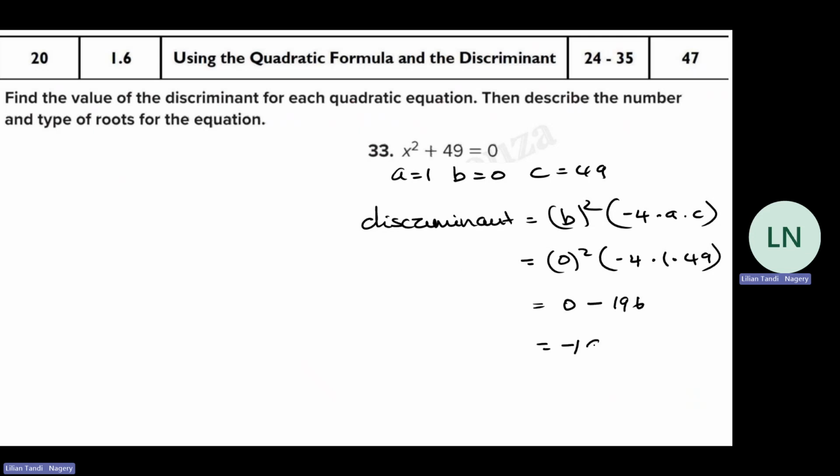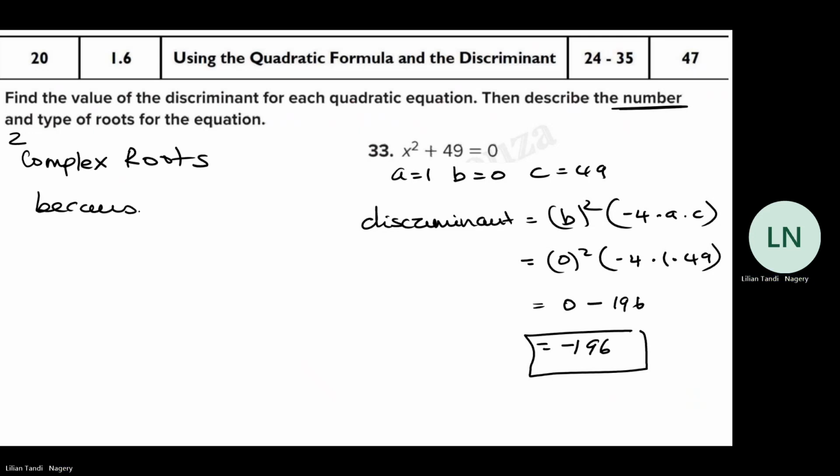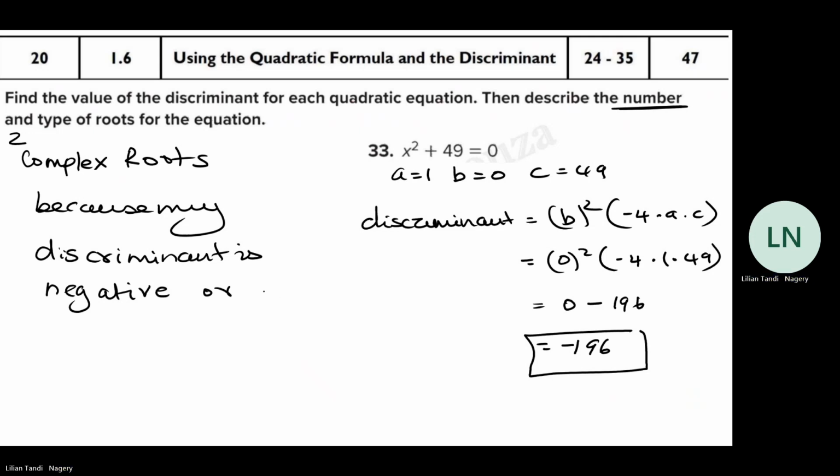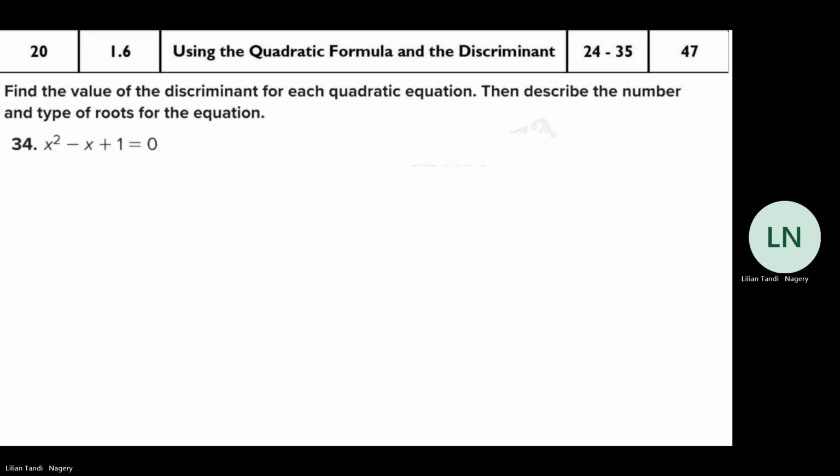That's your discriminant. And you're going to say complex roots, 2, because the question says you want a number. So 2 complex roots because my discriminant is negative. Or my discriminant is less than 0. Okay.